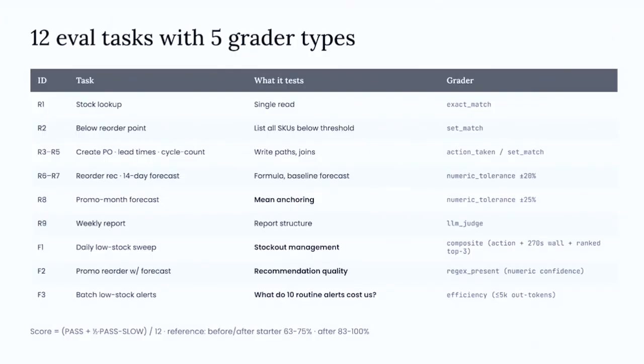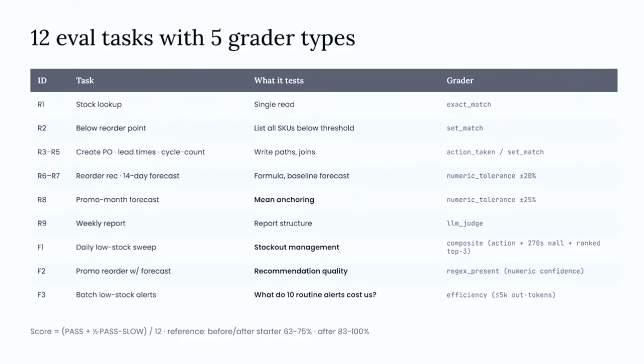This is a really common point of failure that we see when customers have really complicated systems with a lot of sub-agents. It's important to get the communication between your sub-agents and your orchestrator just right. In the case of F2, this eval is going to fail because we have a breakdown in that communication.